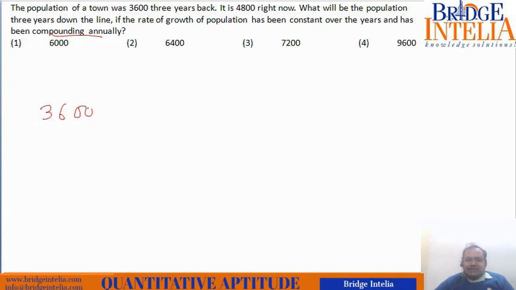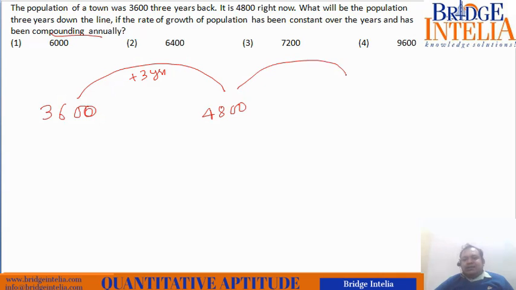It means 3600, this is the data 3 years ago. So 3600 in 3 years of time becomes equal to 4800. Now the question is, in coming 3 years, what will 4800 become?